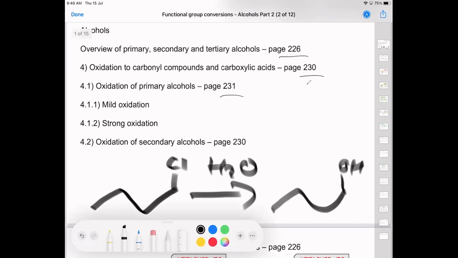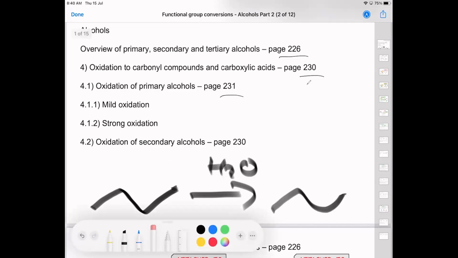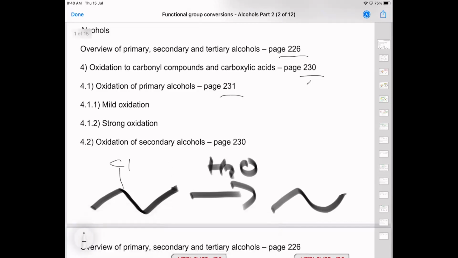Oh, but if I took the Cl off there, and if I put the Cl onto a different carbon, so if I put the Cl over there, and I did the same H2O with distillation, my OH group would form over there. And in that case, it would be a secondary alcohol. So whether you form primary or secondary or tertiary alcohols depends on what you started with, so where the position of the halogen-alkane was.